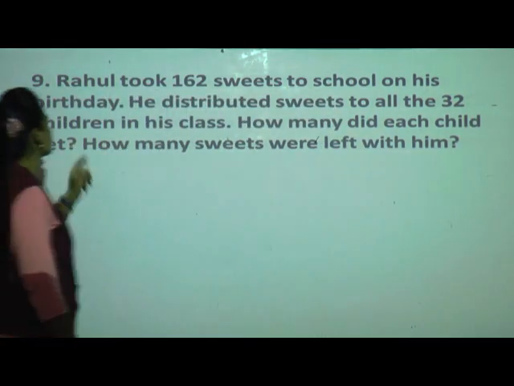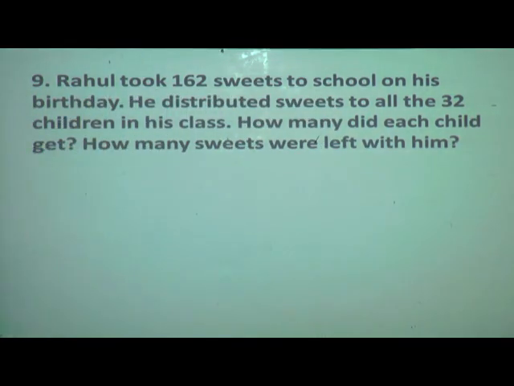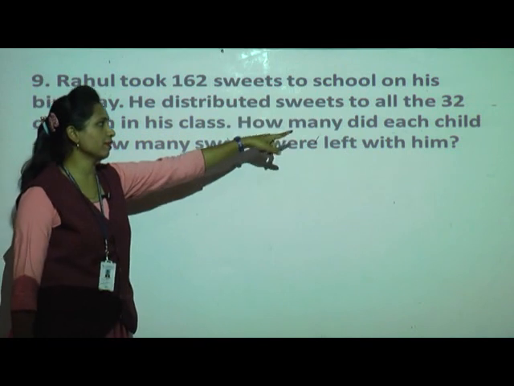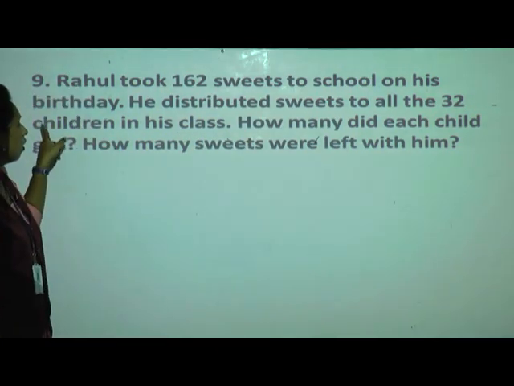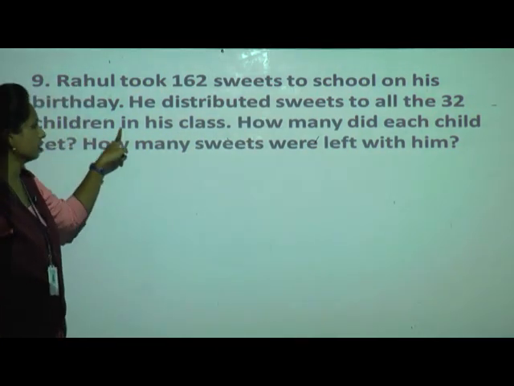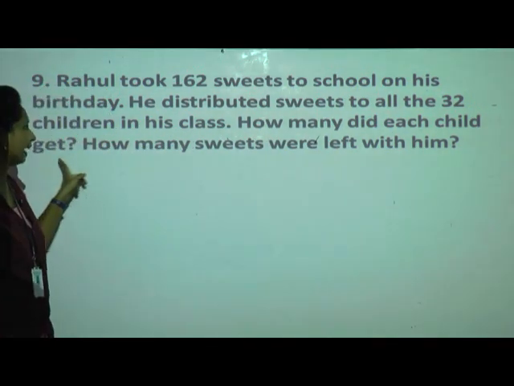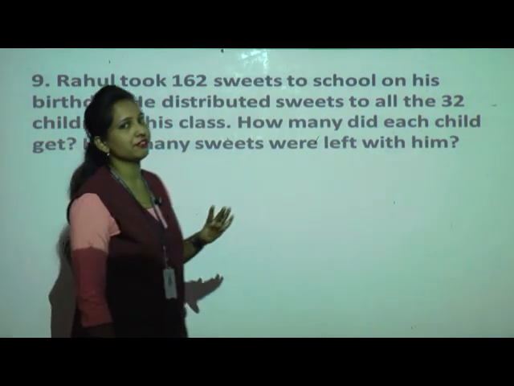Now see the next question. Rahul took 162 sweets to school. Okay. On his birthday, he distributed sweets to all the 32 students, children in his class, how many did each child get? How many sweets were left with him?